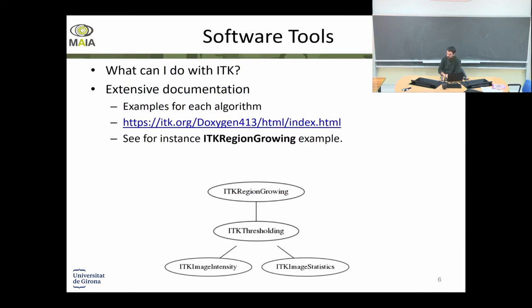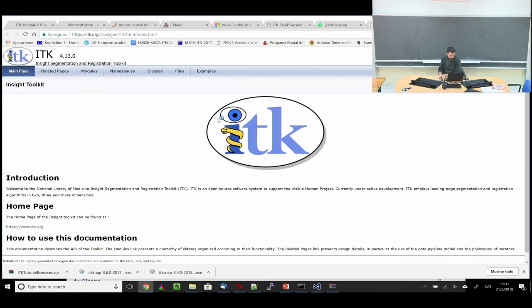So, one of the questions will be why we use ITK or what we can do with ITK. As I said, we can do lots of different things. If I go to this link, this is Doxygen, a way of documenting source code, which is done automatically when you program.